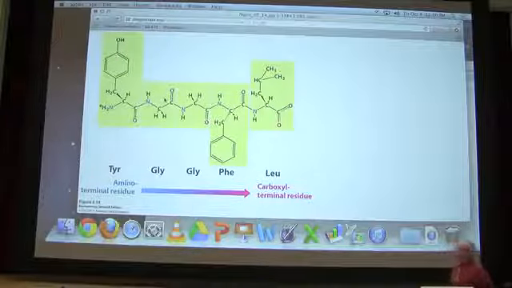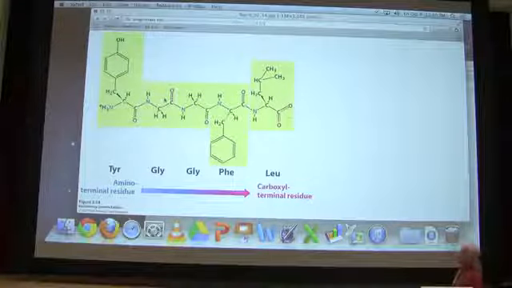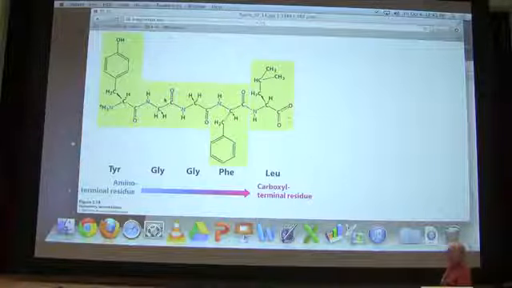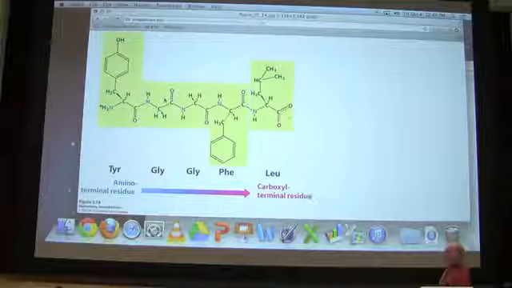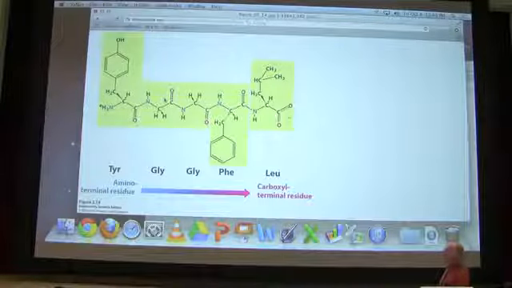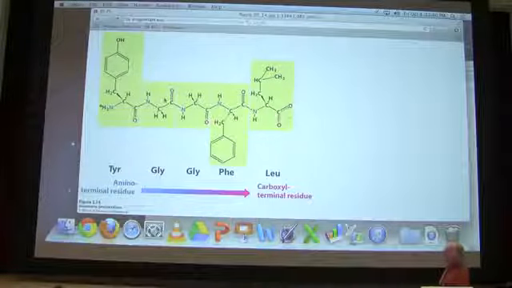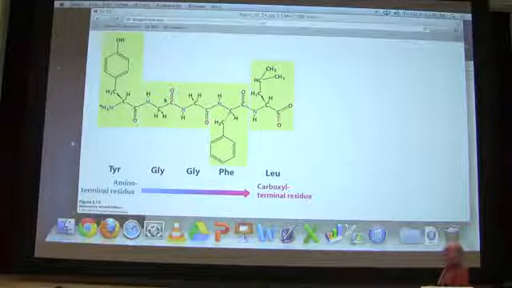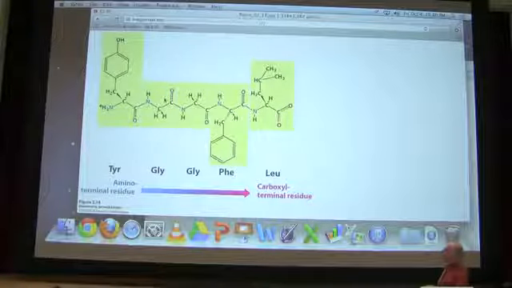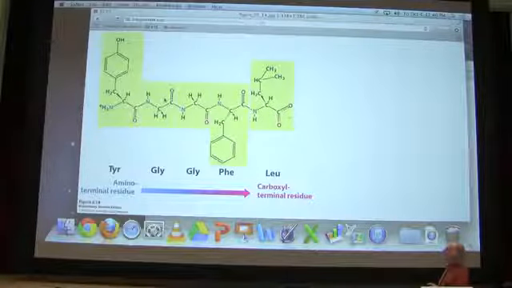There's the alpha carbon, there's the R group, there's the alpha amine, and there was where the alpha carboxyl was, but it joined with the next alpha amine. Alpha carbon, alpha carboxyl, alpha amine, alpha carbon, alpha carboxyl, alpha amine.